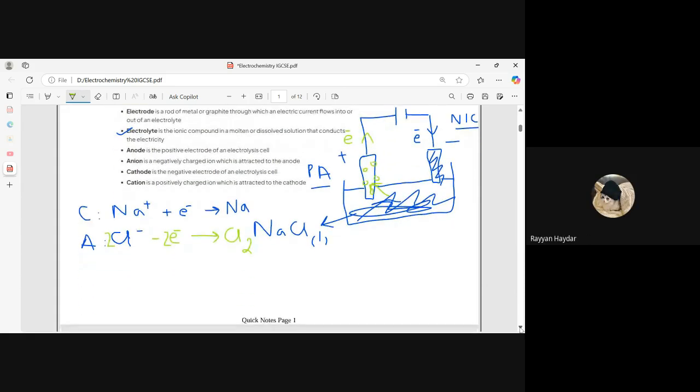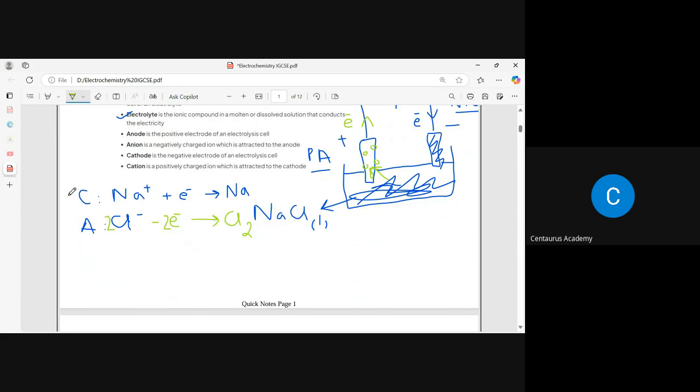Yes, miss. Now, these two reactions are basically the ionic half equations representing the reactions taking place at the cathode and at the anode. We know that sodium metal is deposited as a solid, and both of these ions are going to be in the liquid state.